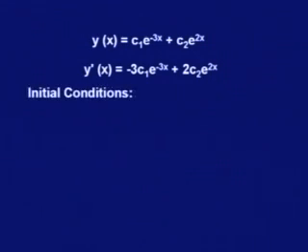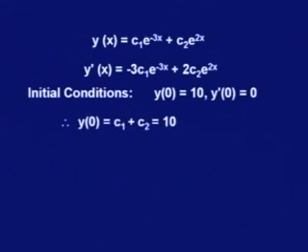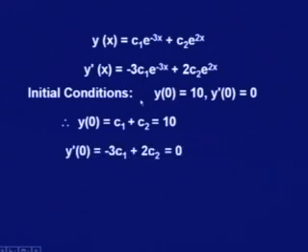The initial conditions are y at 0 is 10 and y dash at 0 is 0. So, we put x is equal to 0 in the first one and we get C1 plus C2, which is given as 10. In y dash, if I put x is equal to 0, what do I get? Minus 3 C1 plus 2 C2, which is given as 0.